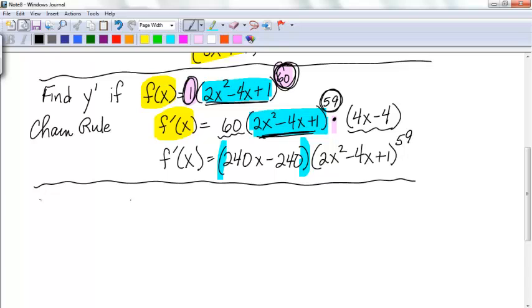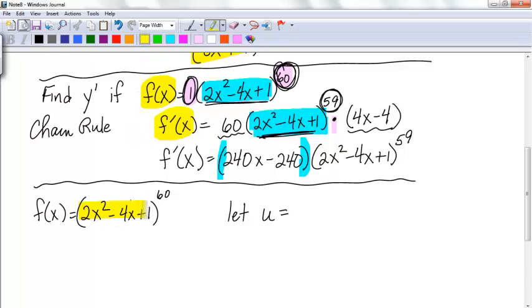Let's say our f of x is still 2x squared minus 4x plus 1 to the 60th power. They are going to let u equal this quantity inside.